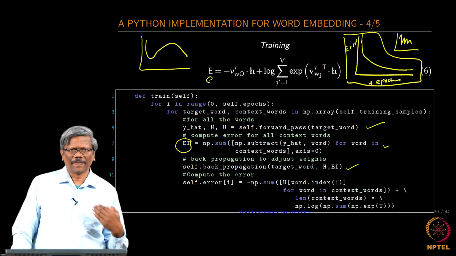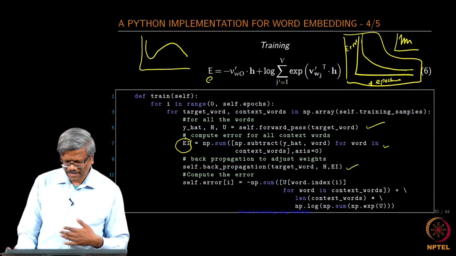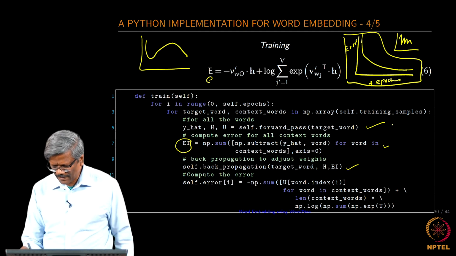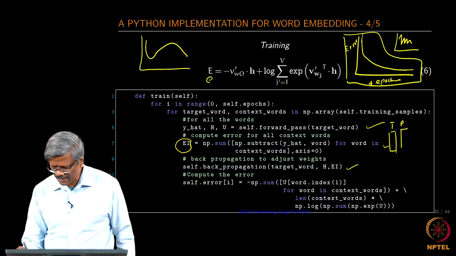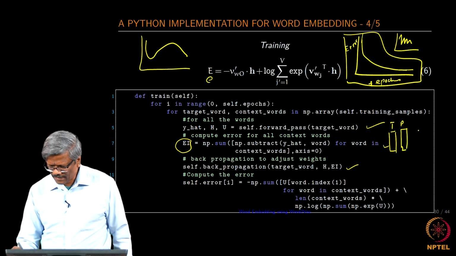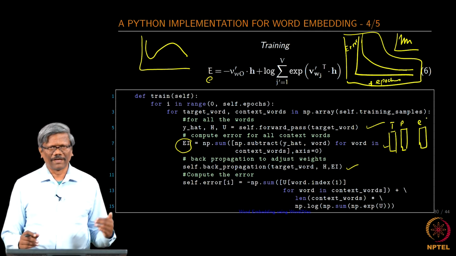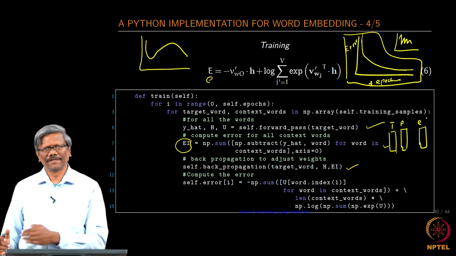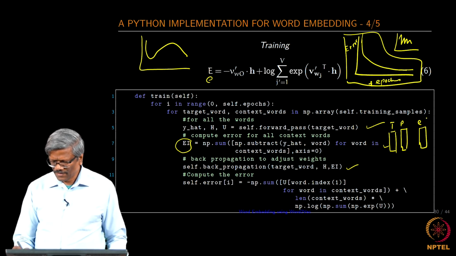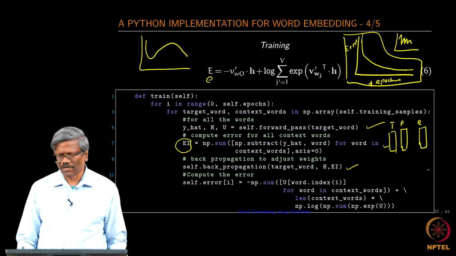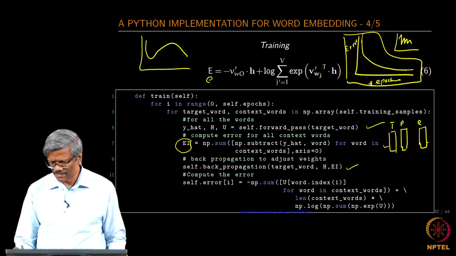You remember in the first slide, we had the target and the predicted value, and then we found the error for a bigram where we have only one target word and one context word. Now we have more than one context word, so that means we will have more error values, correct.